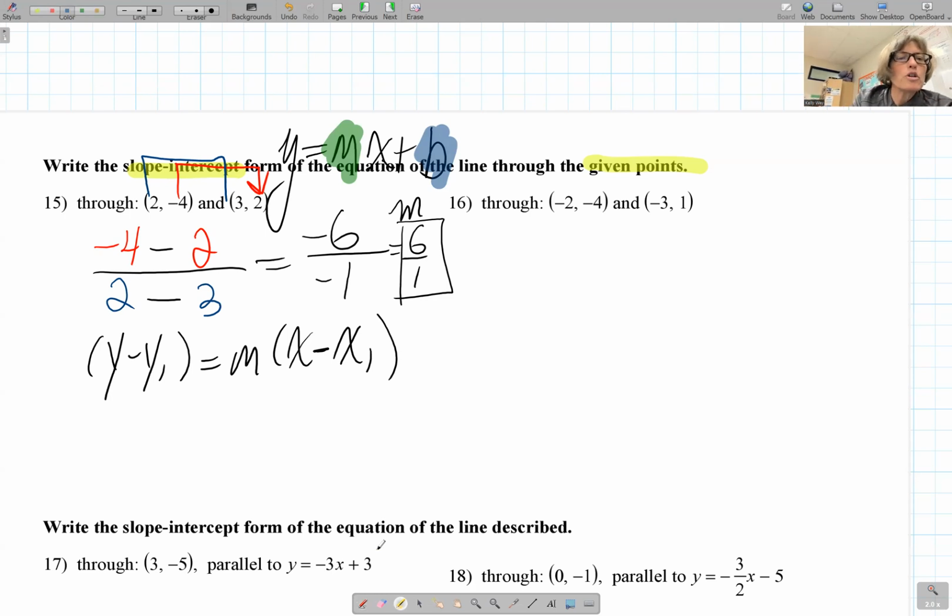So I'm going to use my first point here, and that 2 is going to go right here. That negative 4 goes right here, and this slope goes right there. You pull the items down, and so 2 goes here. Notice I'm drawing arrows. That helps your brain put things in the right place.